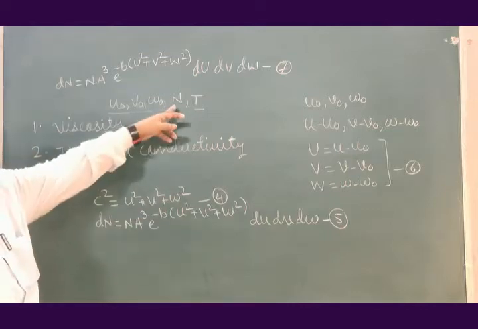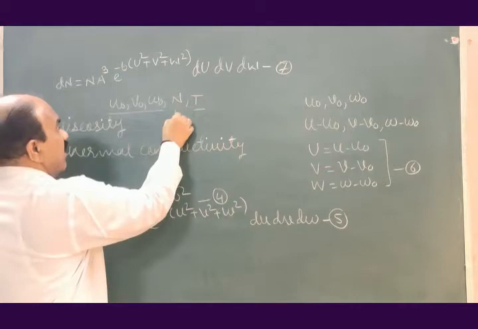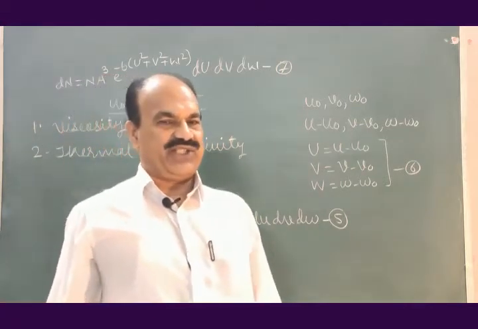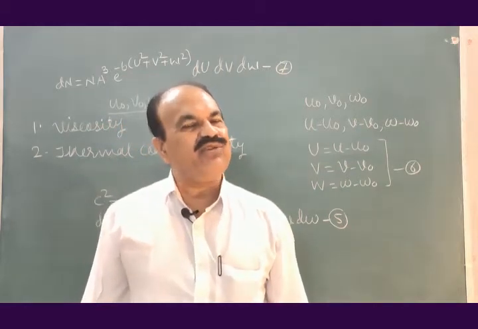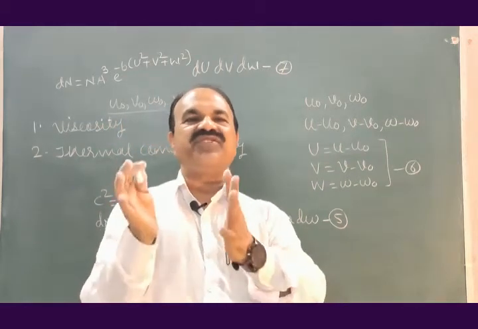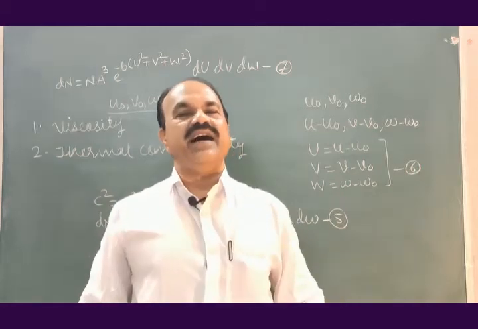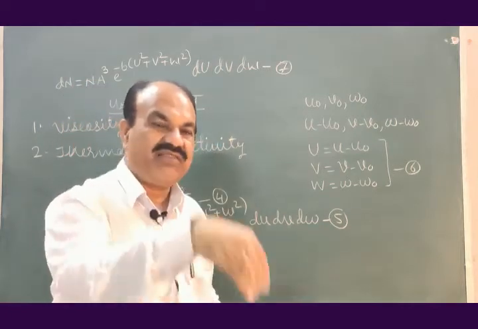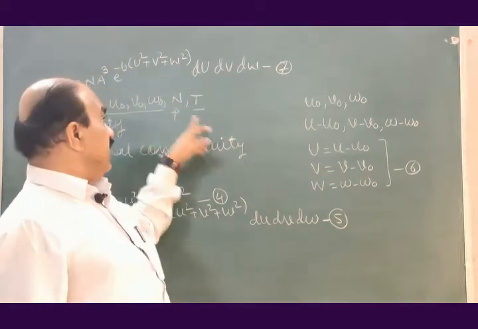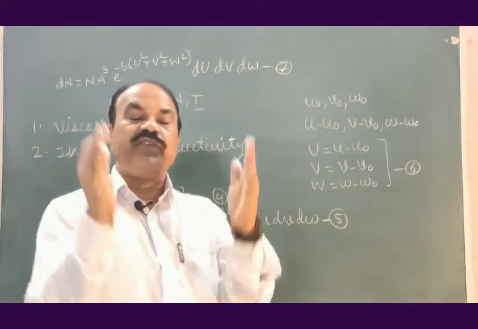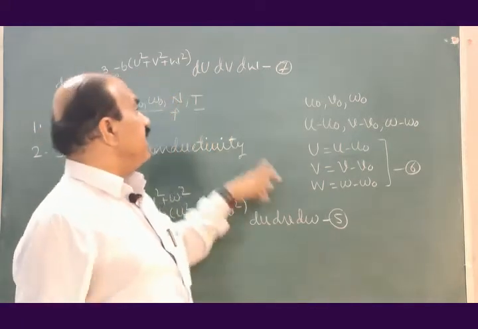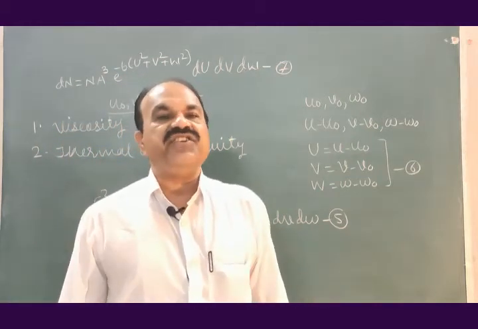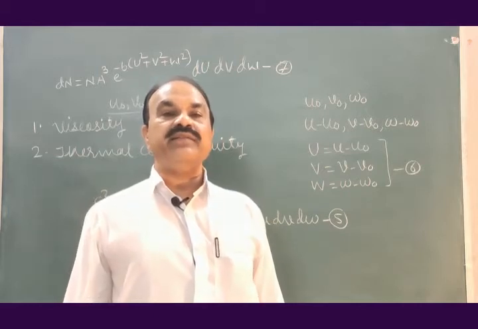Now, one parameter is left, N. N is the concentration of gas molecules, the number of gas molecules present in one particular region. If this N is different for different regions of the gas, what will happen?